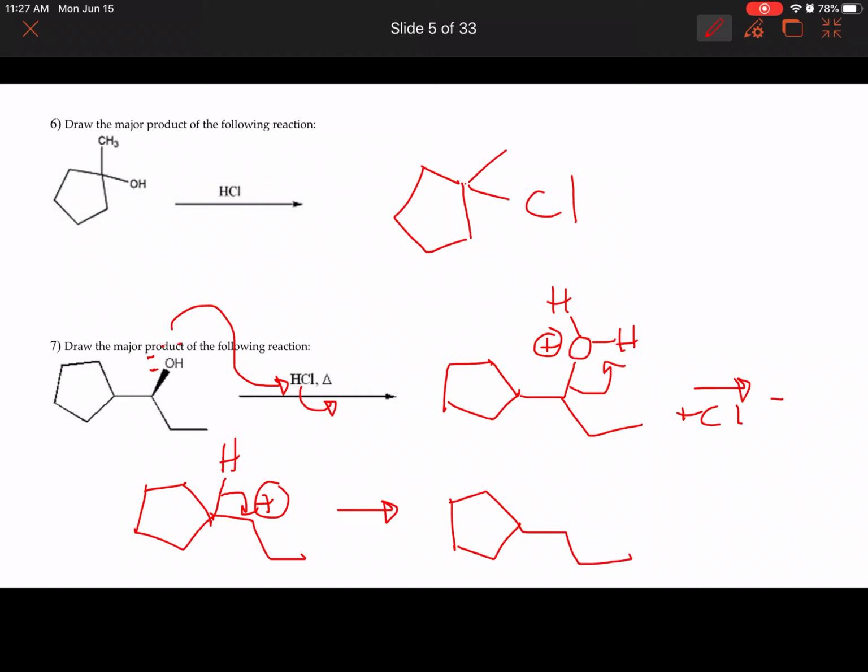Now we have created a tertiary carbocation instead of a secondary carbocation. Okay, so then the chloride can come, and chloride is going to attach to the tertiary carbocation, giving us the product. You have chlorine like this, that would be the product.